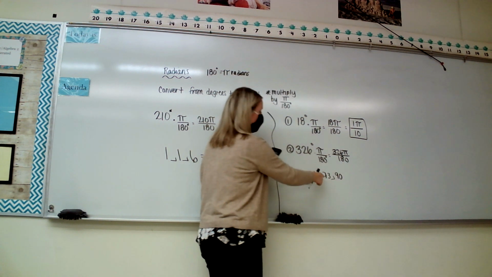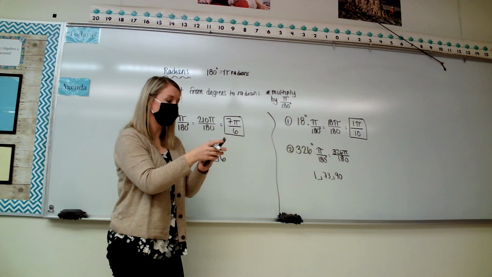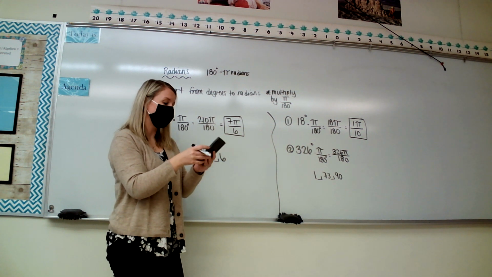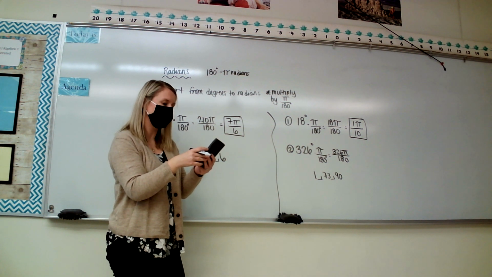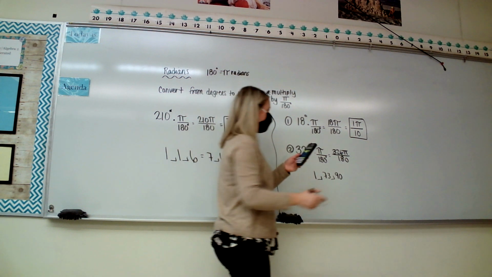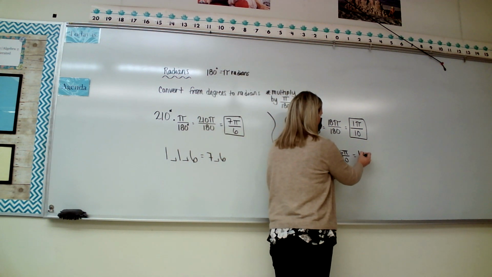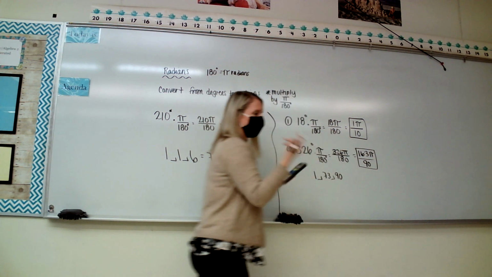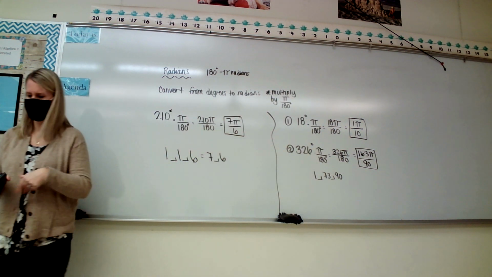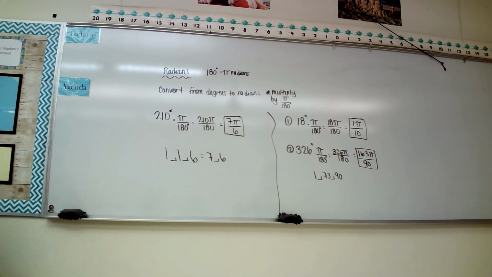That means 1 and 73 over 90. So hit shift or hit second and then re-hit your fraction button. And it comes out to 163 over 90. And then once again, we put the pi with the answer. So if you can't figure that one out, just let me know as well. But mixed numbers are the worst.